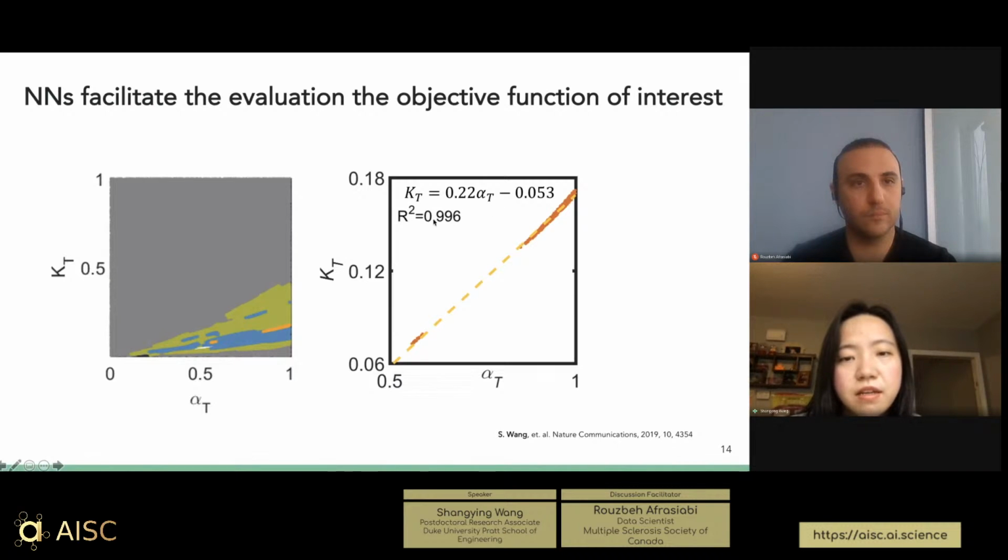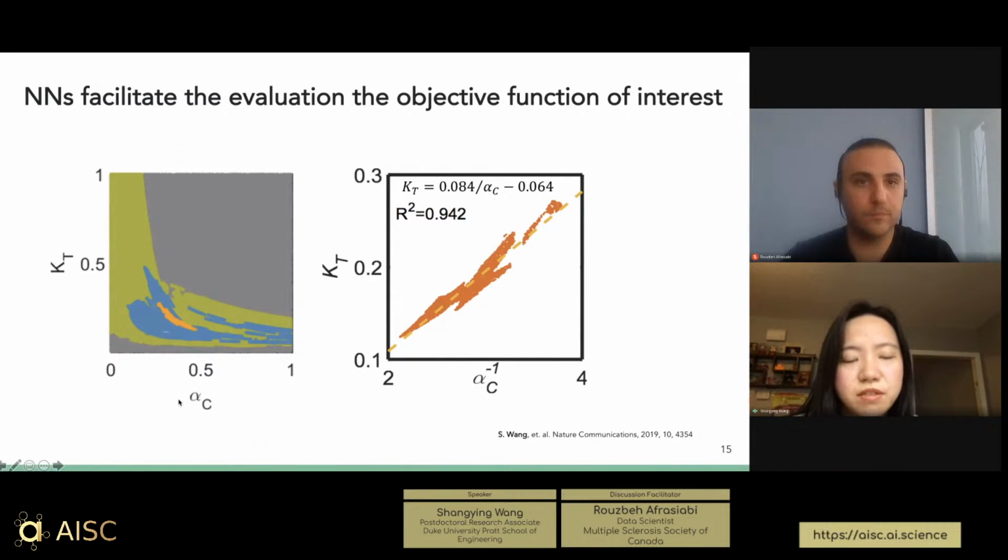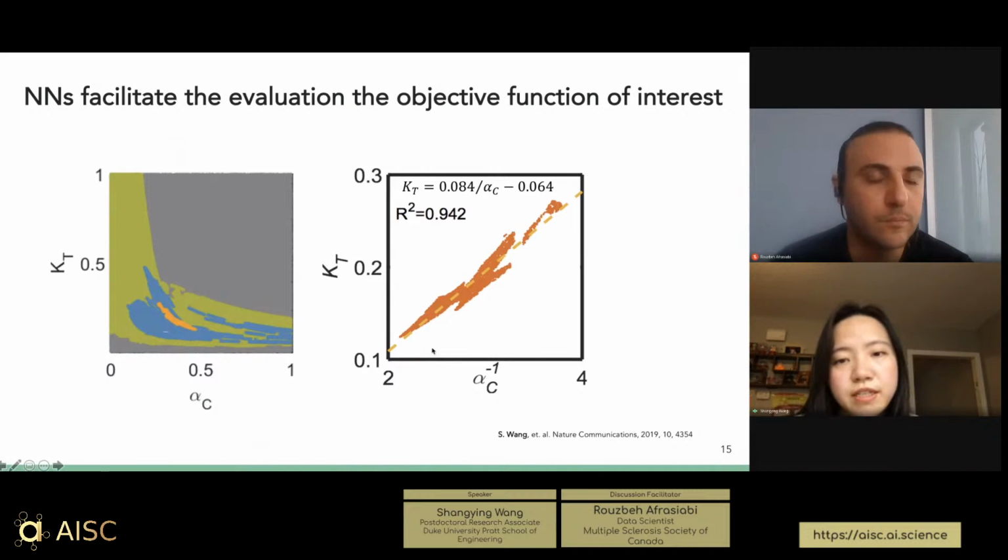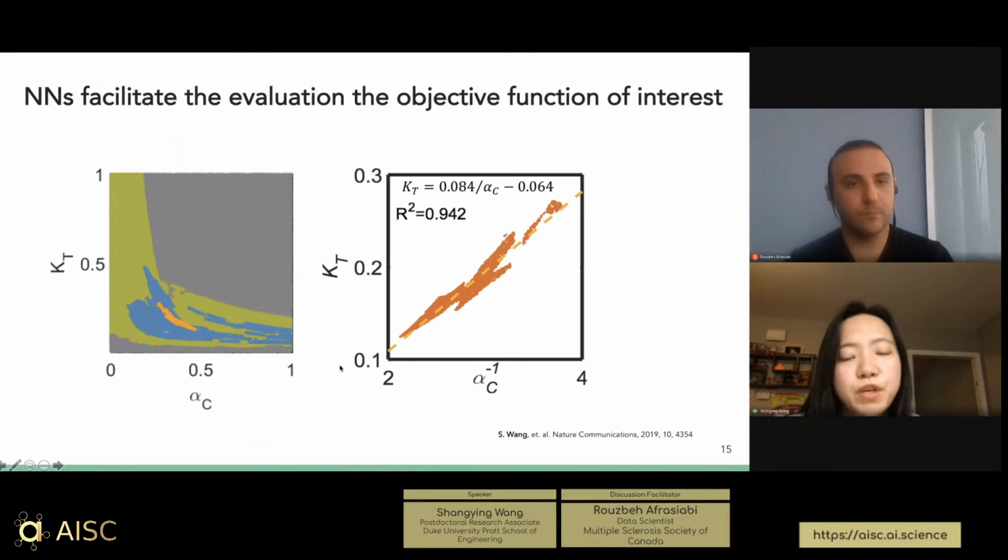You can see actually it's quite linear. Then with the other two parameters, we can see they're inversely correlated to each other. Because of the neural network, we're able to do all the manipulation of the parameters, and then we can get the objective function that we designed.